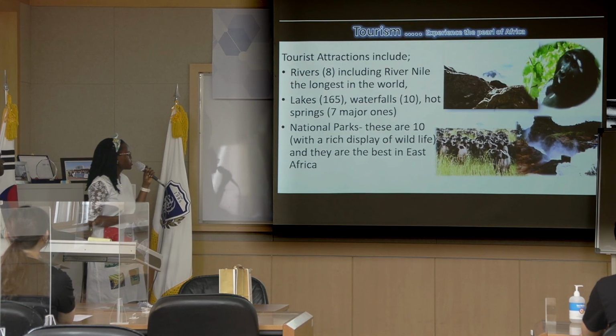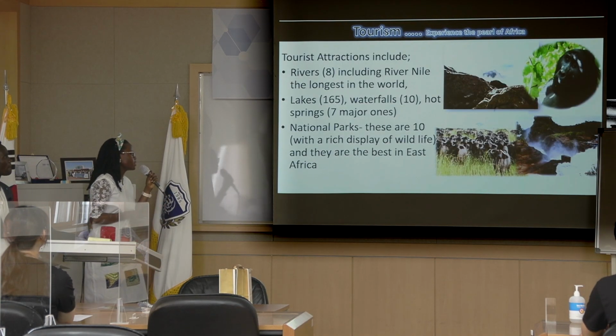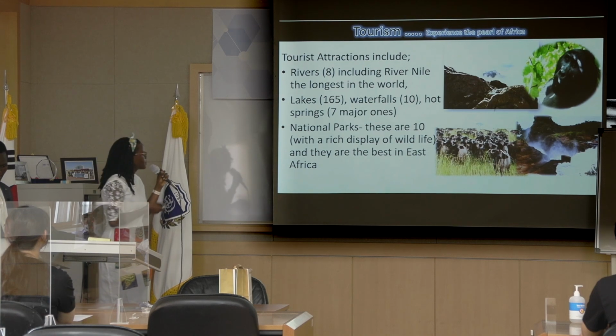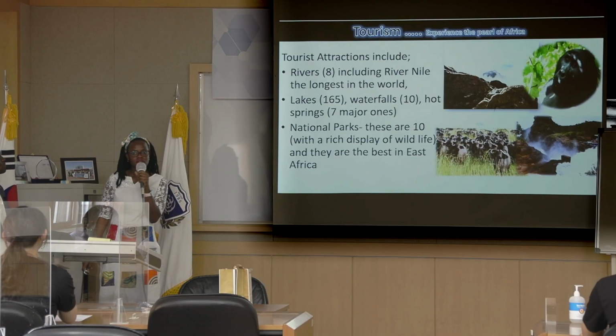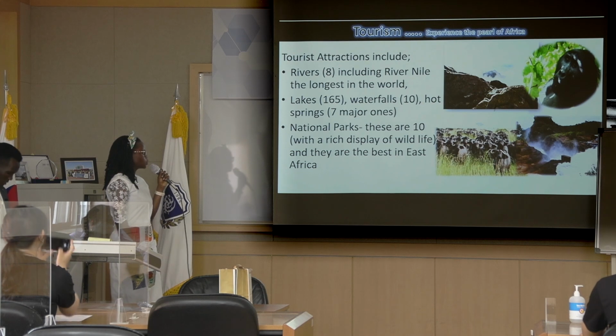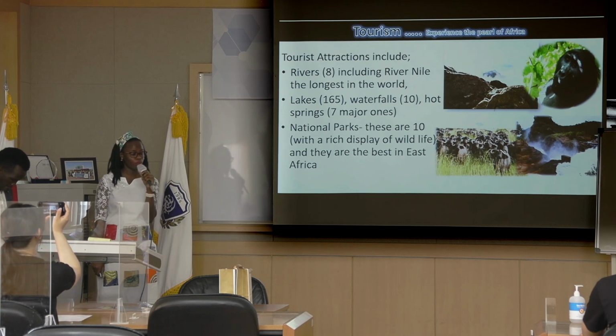And then our tourist attractions, we have the source of the River Nile, as you all know, the longest river in the world. My brother has already talked about that. We have 8 other rivers. We have 165 lakes, the most popular being Lake Victoria, Lake Albert, Lake Edward, Lake Katwe, where we make salt from.